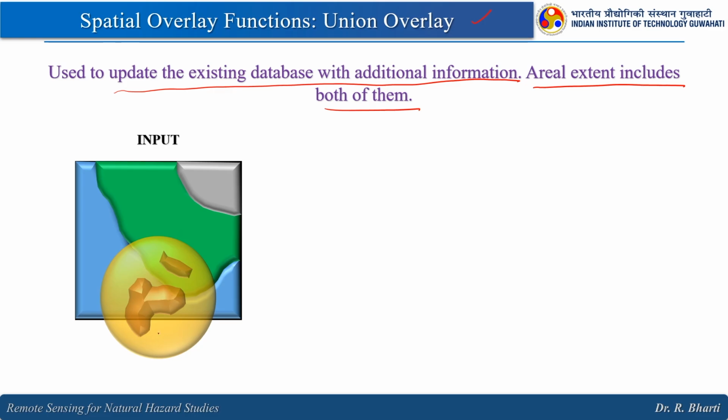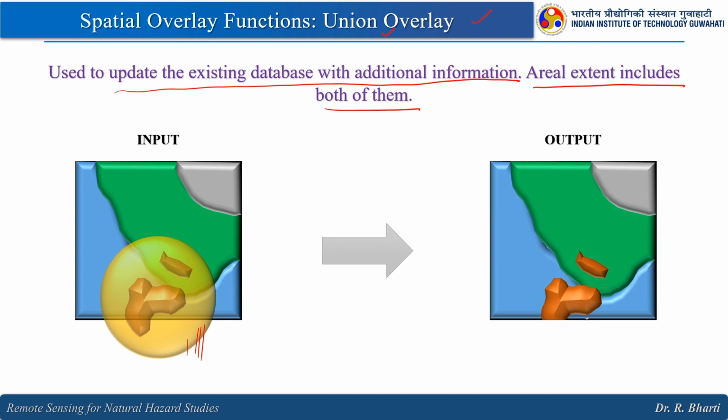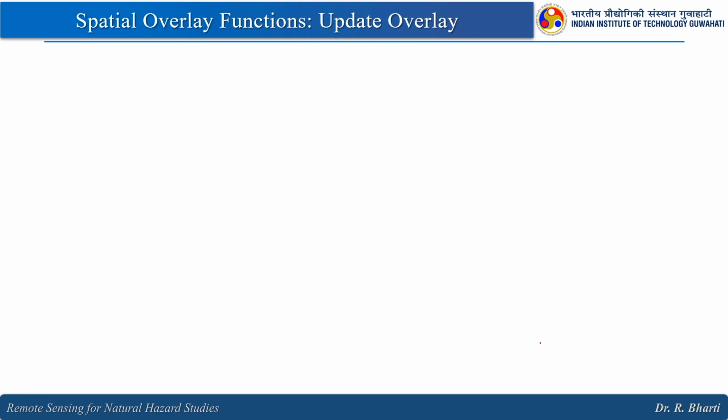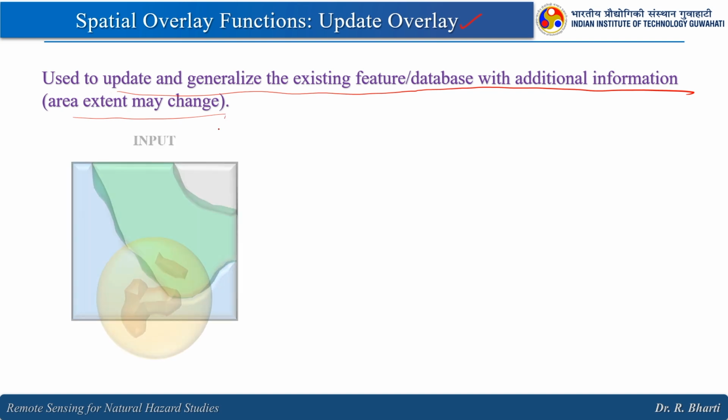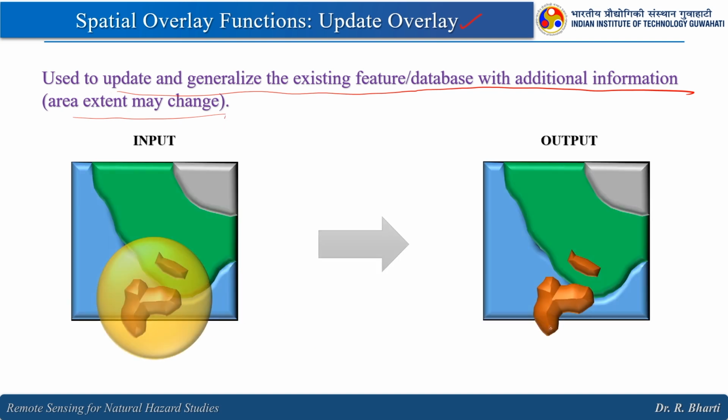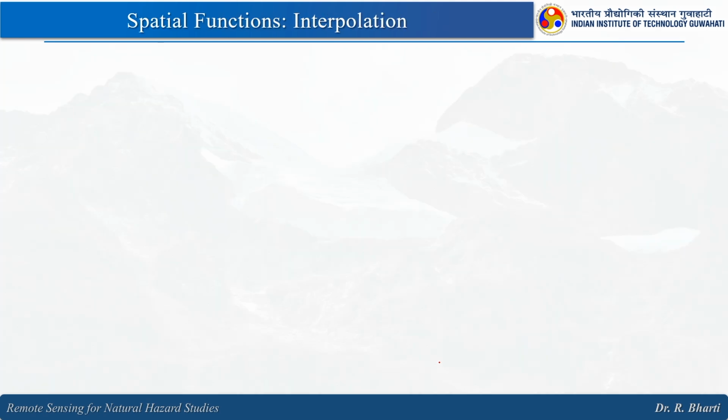Initially we did not consider this, but when you go for union, the boundaries will be used here. Then update overlay is used to update or generalize the existing feature or database with additional information. Area extent may change. So, here you can see additional information will be added.